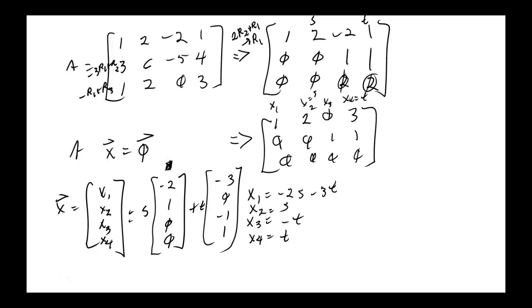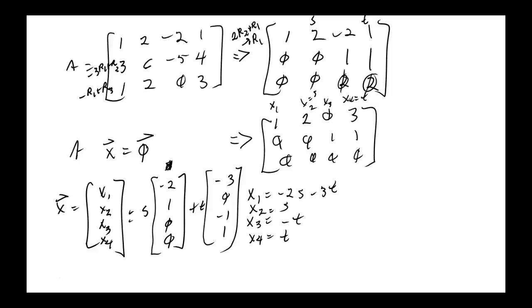So any linear combination of these, pick an s, pick a t, and they're always going to give 0.